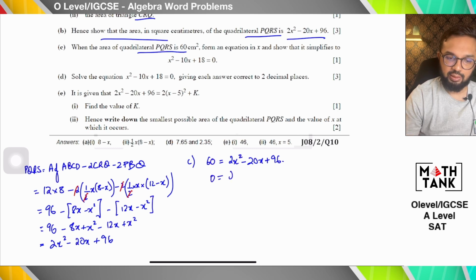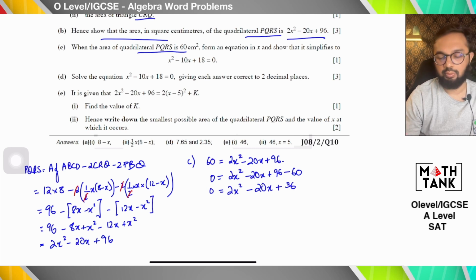Moving everything to one side, I get 2x squared minus 20x plus 96 minus 60, which is 2x squared minus 20x plus 36 equals 0. Factoring out a 2, I get 0 over 2 equals x squared minus 10x plus 18.